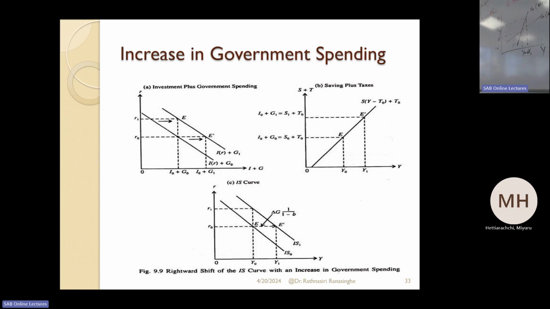If the market interest rate is fixed and there is a rise in aggregate demand from government expenditure or investment, it leads to an increase in income at a greater rate through the multiplier. The total effect is given by delta G times 1 over 1 minus C. That's the total effect, not the net export effect.